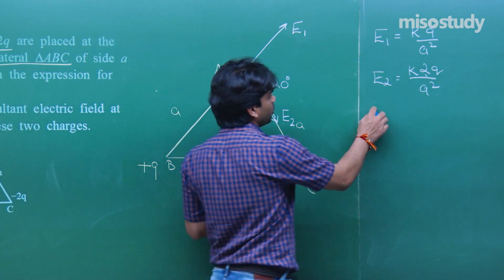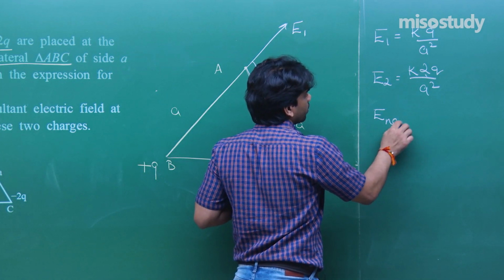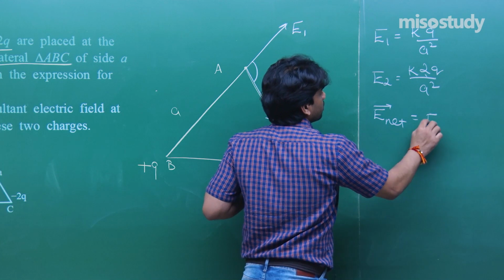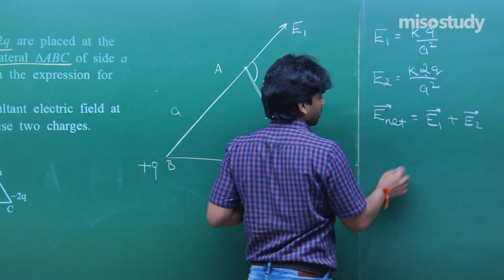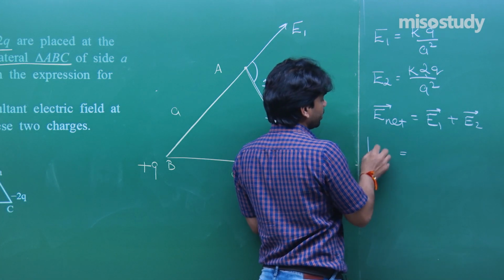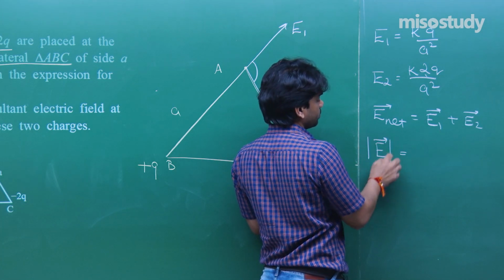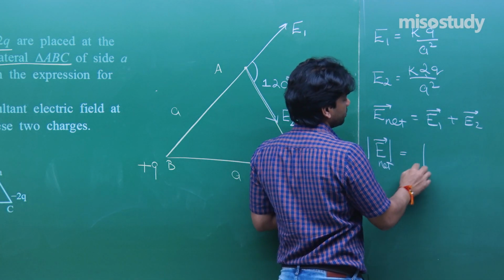So if I write the magnitude of the resultant, vectorially you have to add. So if I add them, I will be obtaining the magnitude of the net electric field.